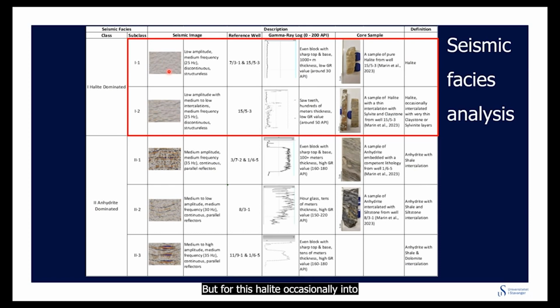But for the other, the halides are occasionally interlaid with very thin claystone layers, so this one will give you slightly better continuity than the first. Based on this, we think that these halide-dominated phases would be the favorable salt phases that allow us to make the salt caverns.